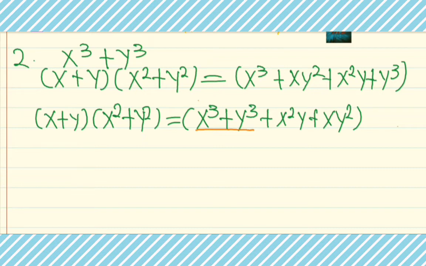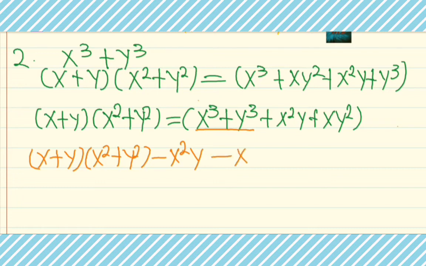So we have (x plus y)(x squared plus y squared). x squared y will become minus x squared y because we are moving to the left side, minus xy squared equals x cubed plus y cubed.